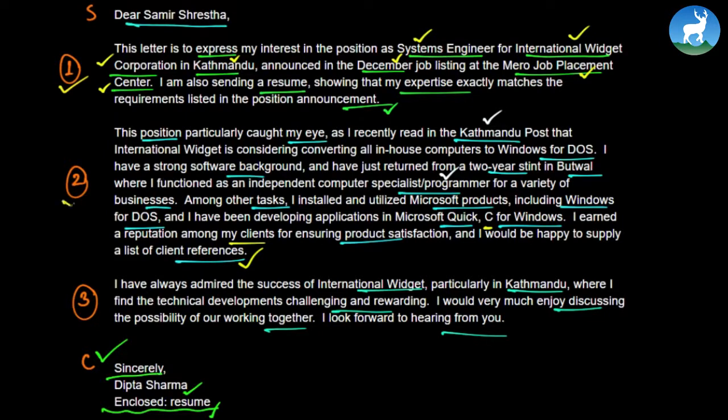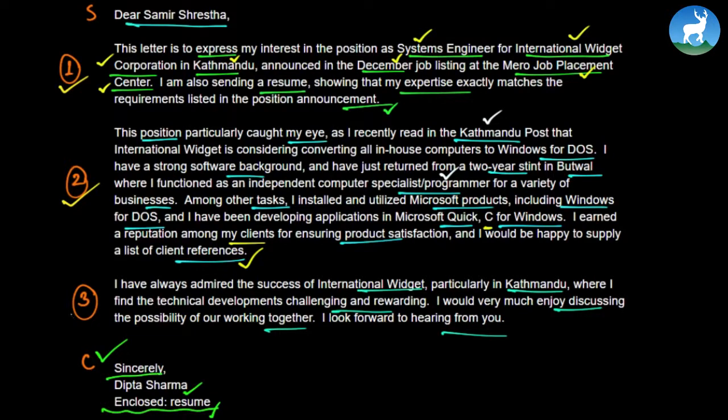The second paragraph explains about the position, how he got to find out about the position, and he also explains about his field of expertise, his easiness with using softwares, and he also tells the hiring person that he can actually send a list of client references, right?